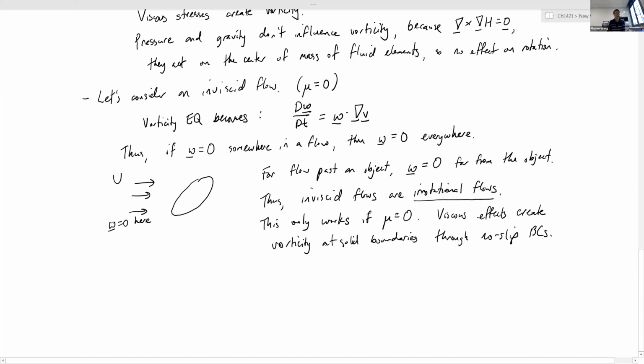Okay, and I'm going to show you a few examples of that. I'm just going to mention one more thing though. I'll say if indeed we have an irrotational flow, right? So I'll say flow is irrotational.